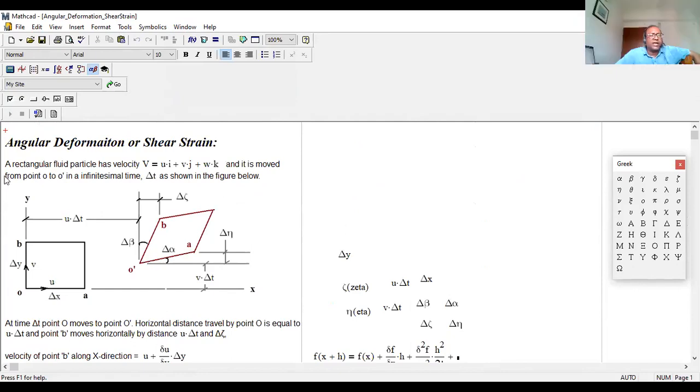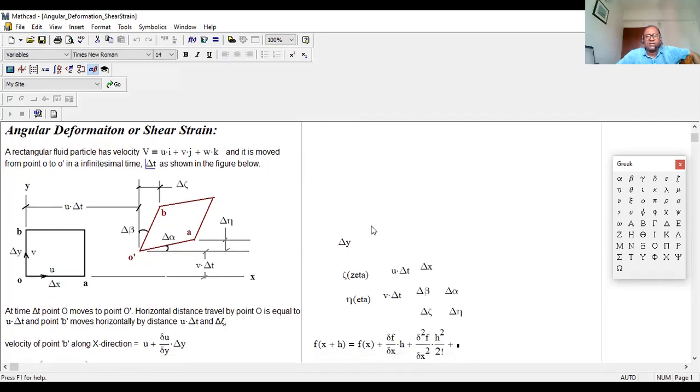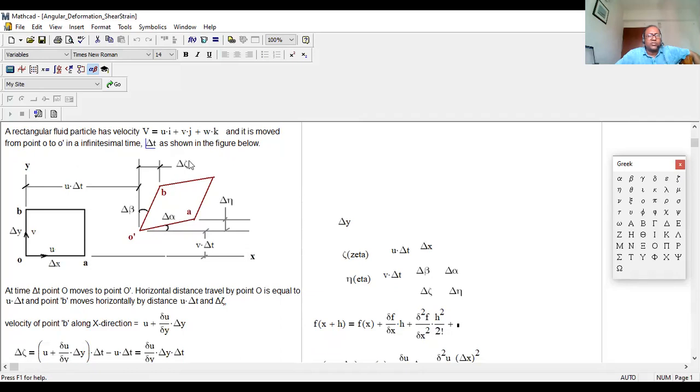So what we are saying is, a rectangular fluid particle has a velocity vector with components u and v, and it moves from point O to O prime within an infinitesimal time, delta t, as shown in the figure. This one is called zeta, and the bottom one is called eta.